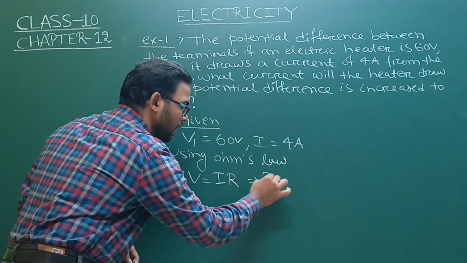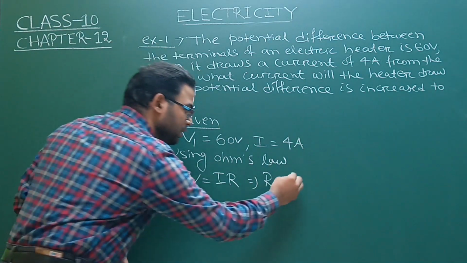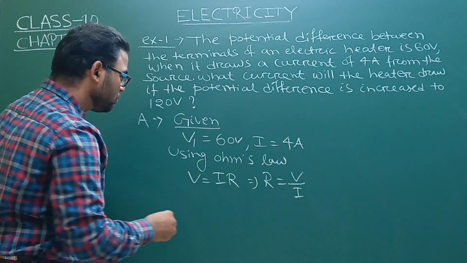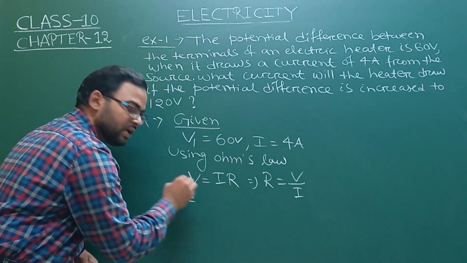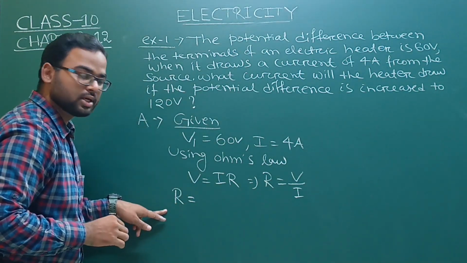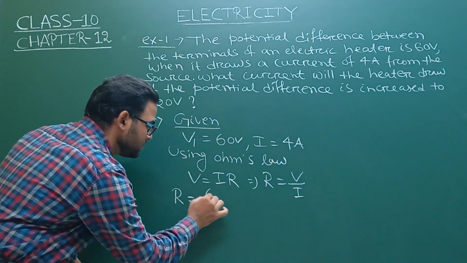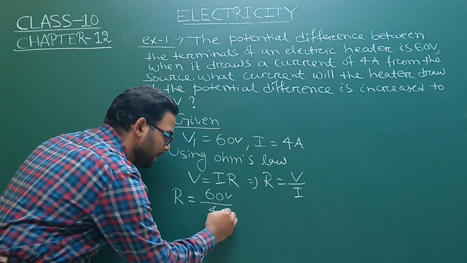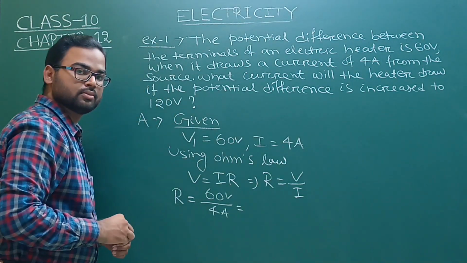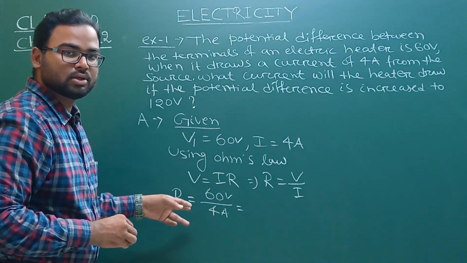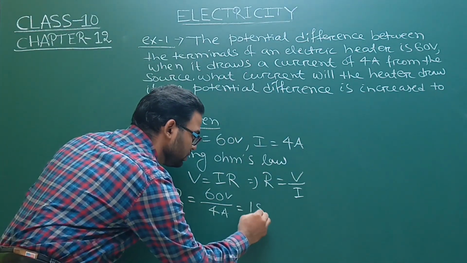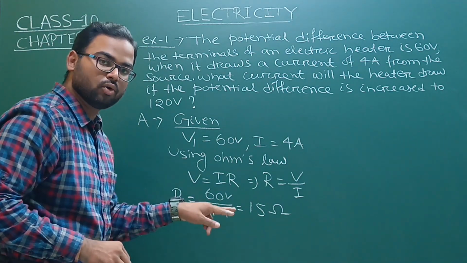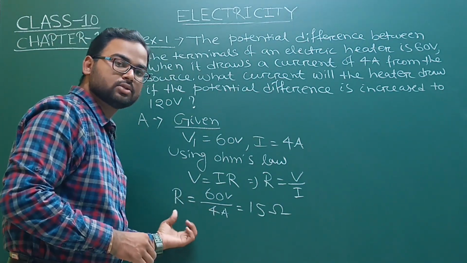So R is equal to V by I. If we put the values, then the resistance of the circuit will be R equal to 60 volt divided by 4 ampere. So if we cancel this, then this will be 15 ohm. The unit of resistance is ohm.